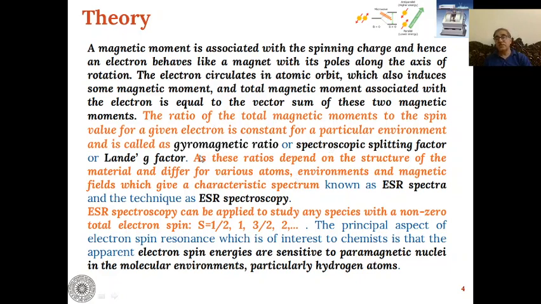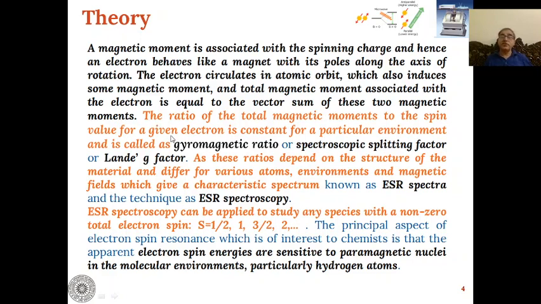As these values of magnetic moments depend on the structure of the material and differ for various atoms, environments and magnetic fields, that means for a particular entity there will be a characteristic spectrum, and that spectrum is known as the ESR spectrum, and the technique through which this is calculated is called ESR spectroscopy.